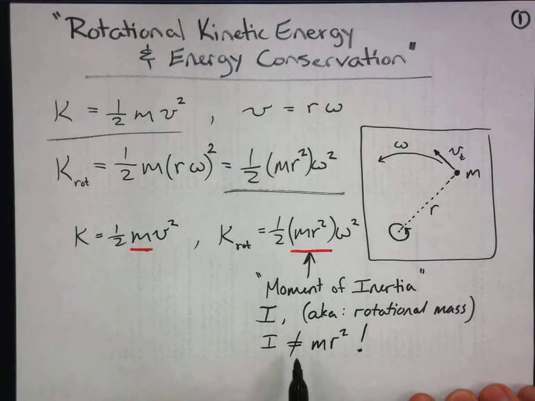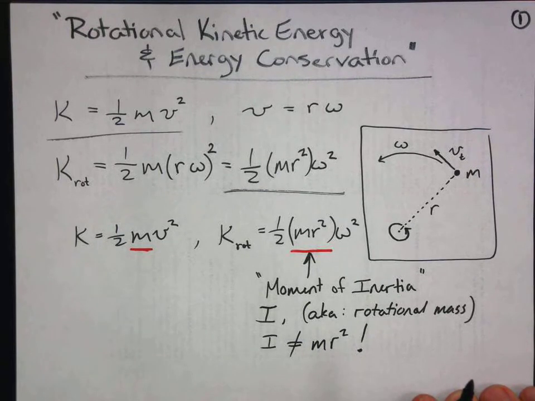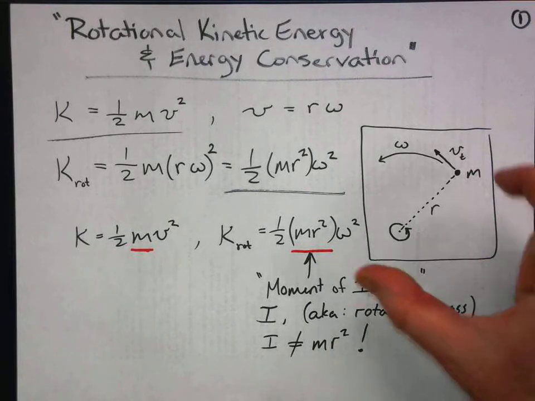It's not a general thing. That is specific to this situation with a point mass. Please, please, please keep that in mind. The moment of inertia actually has a slightly different value when you're looking at other situations where something else is rotating.